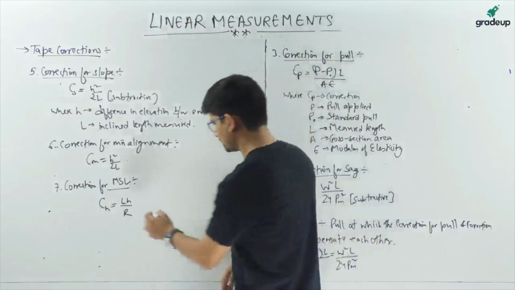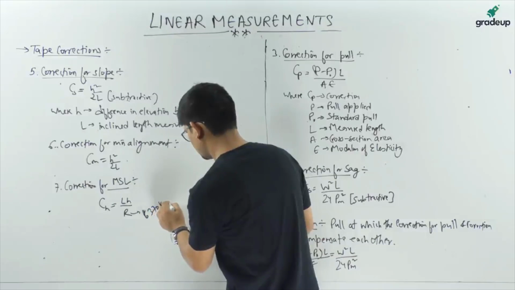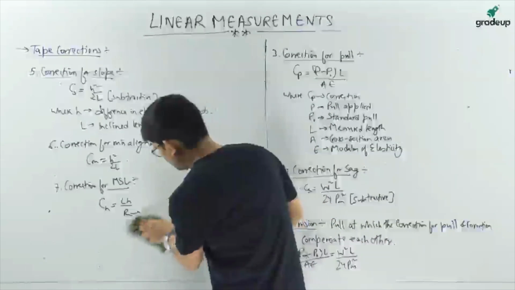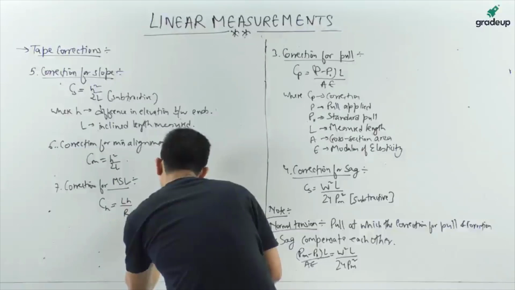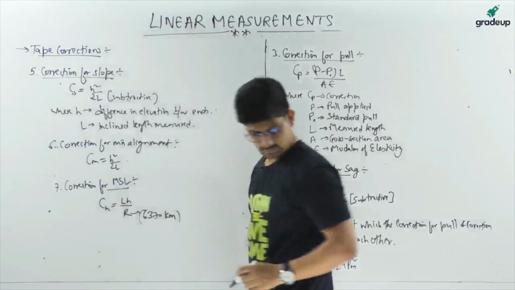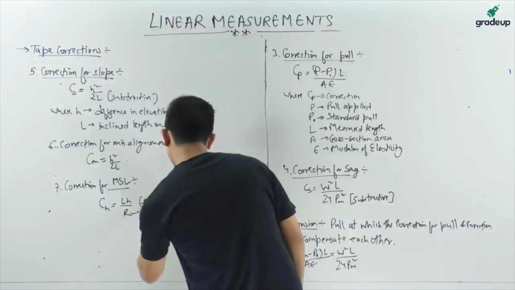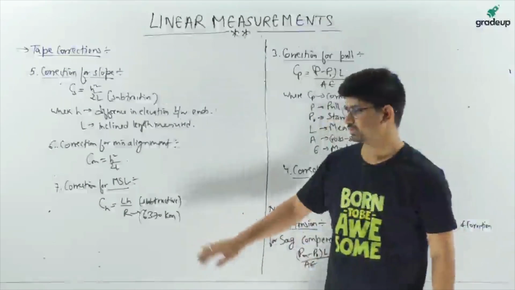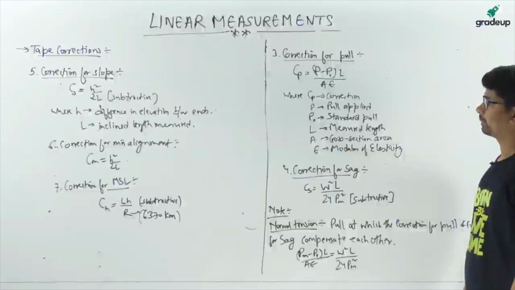It is about 6370 kilometer. And this is also subtractive. So, these are all the corrections which you should remember.